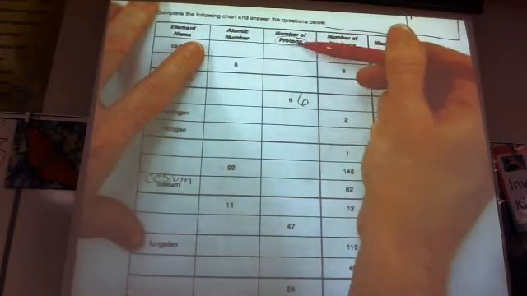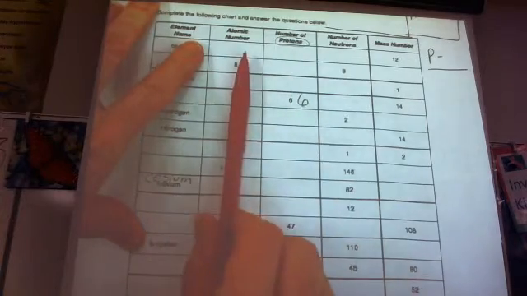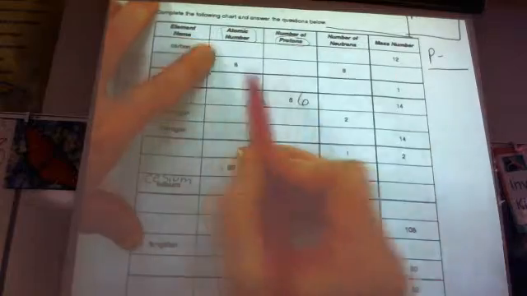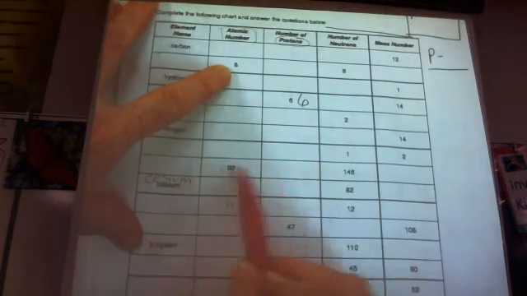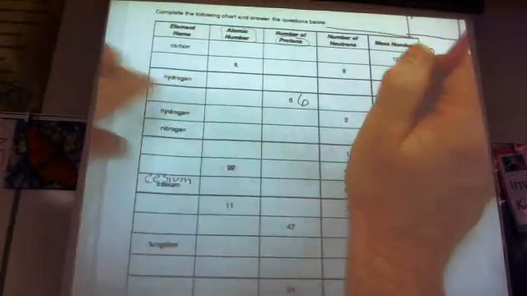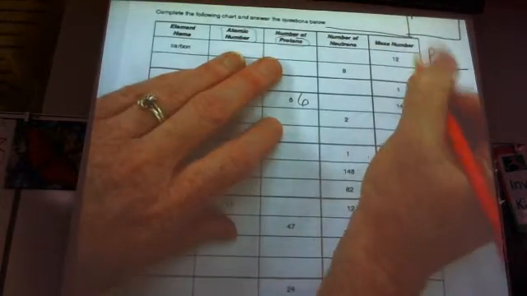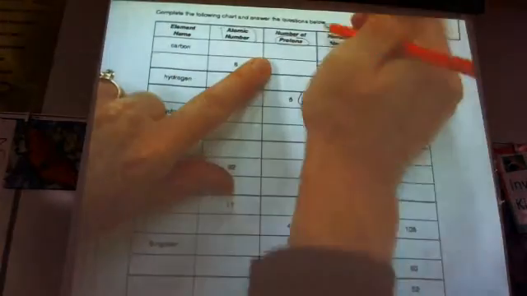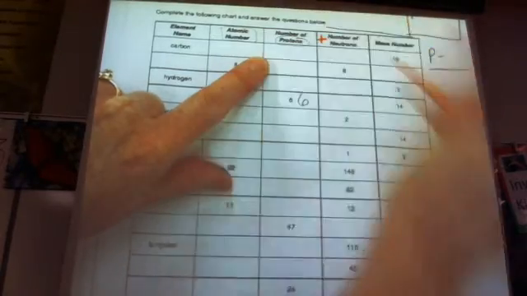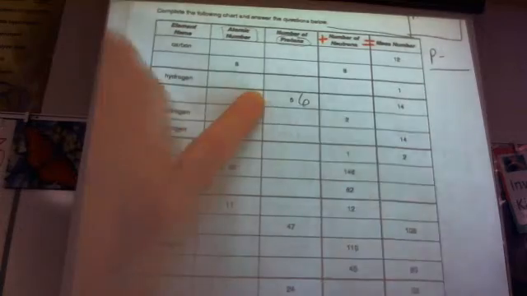So make sure the number of protons, do those first. Number of protons always equals the atomic number. So if you know one column, you know the other. That's easy. Right away you should do those. Okay? Then what I do when I'm finding that things are difficult or there's kind of a formula, I write it on my worksheet. So I know that the number of protons plus the number of neutrons equals the mass number. Okay?